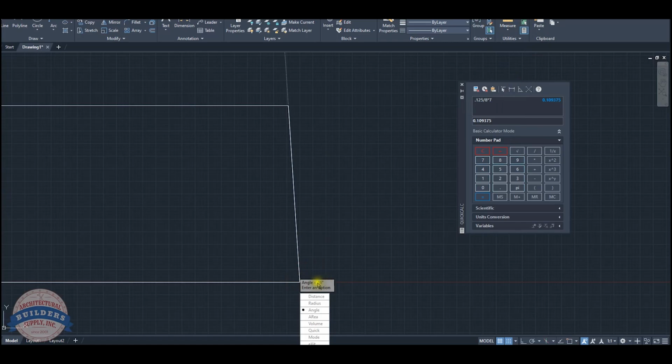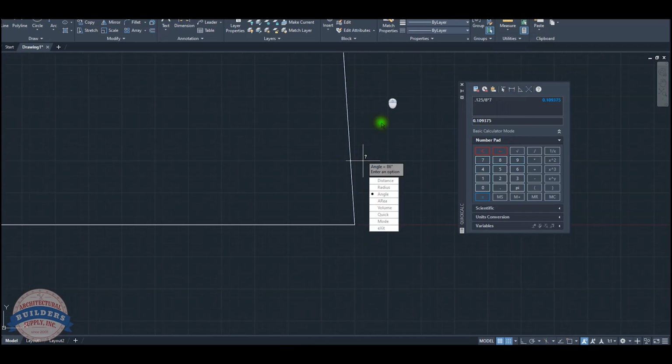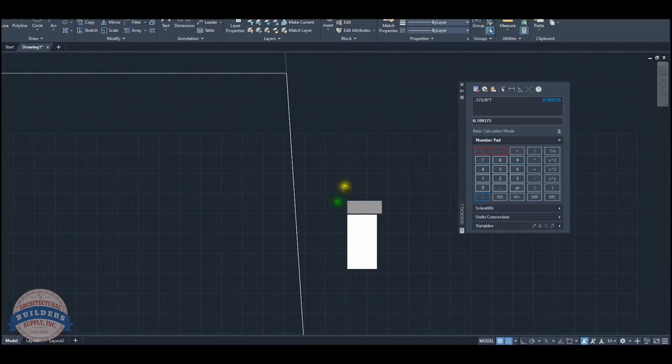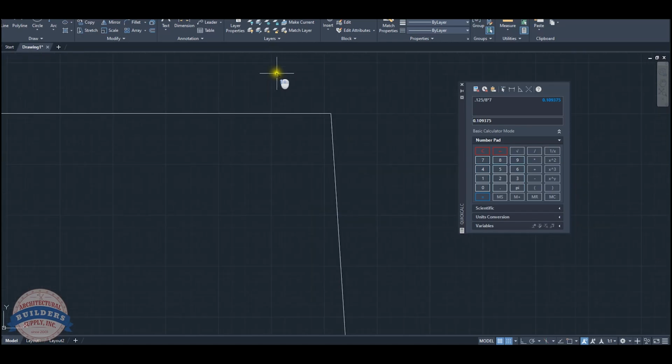It's giving me the same 4-degree angle. Now what's really interesting about that is our standard industry definition is 3 degrees and not 4 degrees. But when we're drawing it, it's clearly coming out at 4 degrees.